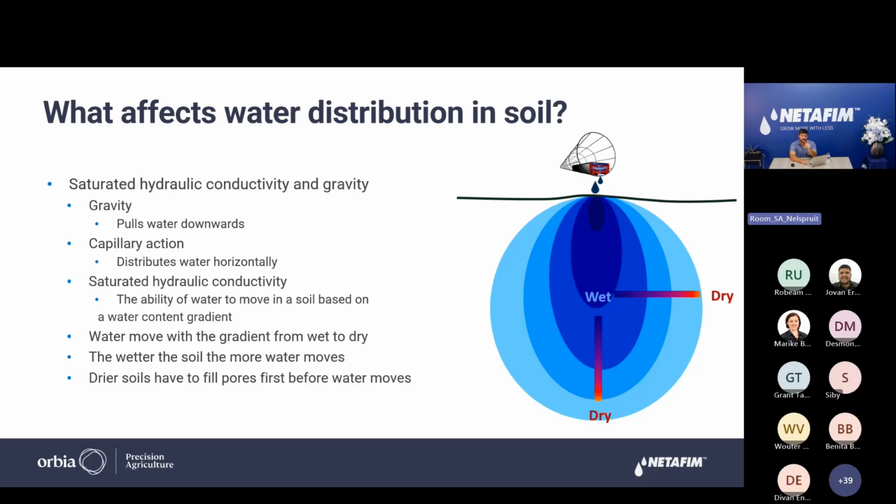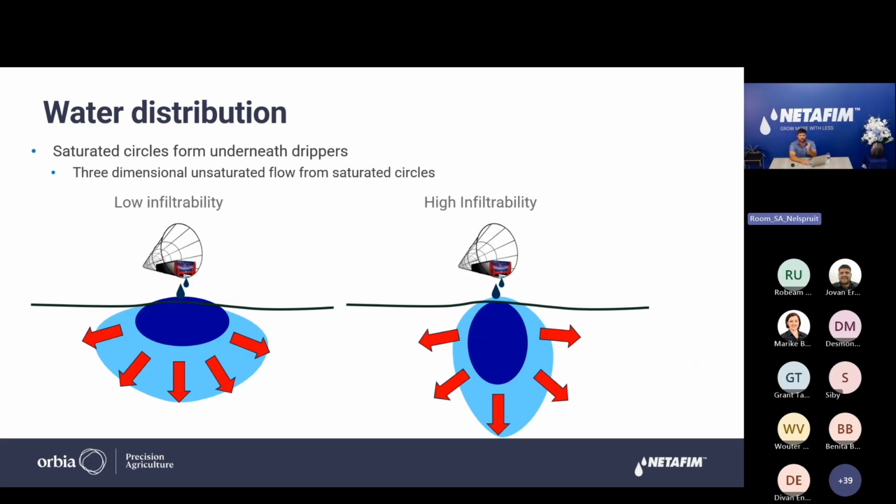So everywhere in that root zone, at some point, you'll have the perfect ratio between wet and dry, and the perfect ratio between oxygen and water for your plants to actively take it up, if you schedule correctly.